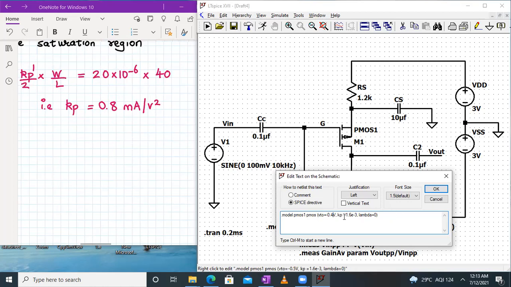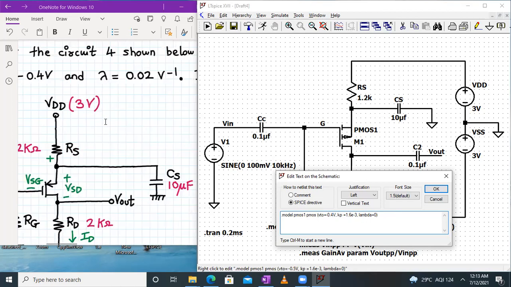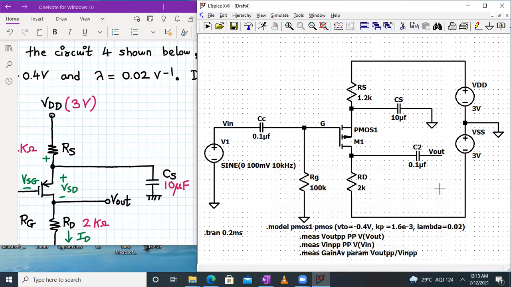So this has to be around 1.6e-3. That is absolutely correct. And what is the lambda value? Lambda value is 0.02. So we substitute over here 0.02 and we click on OK. Fine. So we are ready with the model now also. Now we have to go to simulate. We have to remove the dot tran from the previous analysis.